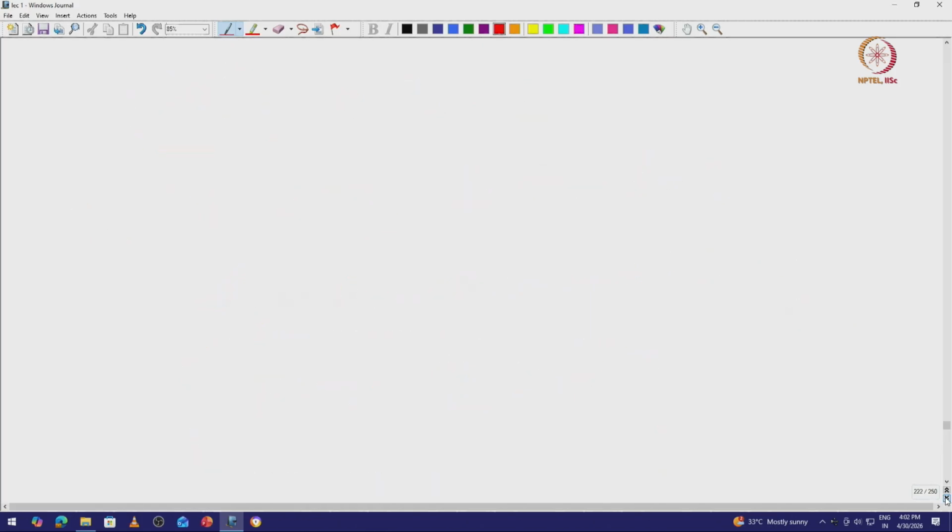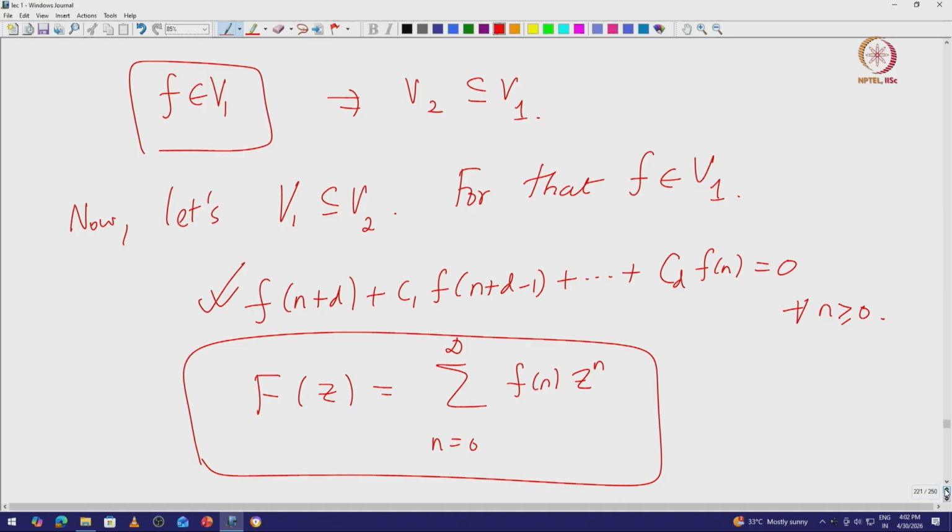So, let us do that. We just basically take this recurrence, multiply with z power n plus d, and then sum over n greater than or equal to 0.